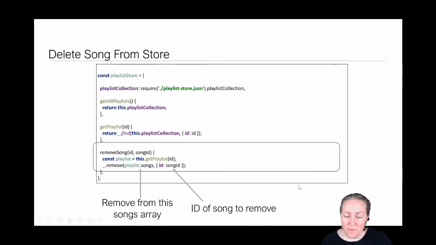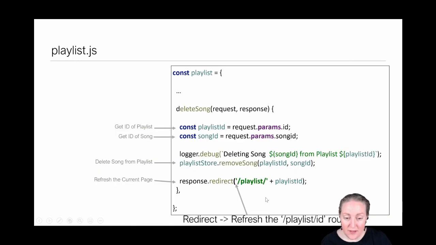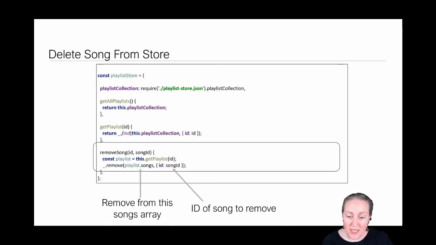Okay, and so we mentioned there then the remove song method in playlist store. That's the next piece that we'll need to add. So in our playlist store JS file, we'll add in a new method called remove song. And as you see here, remove song takes in two parameters. ID refers to the playlist ID and song ID refers to the song ID, as you might guess.